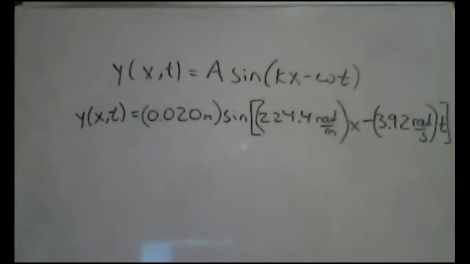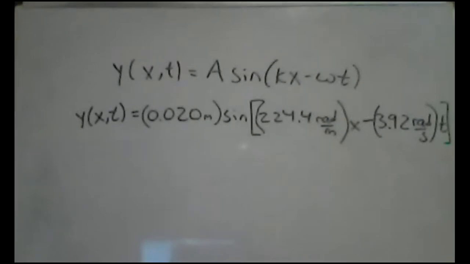Now, one of the questions you're going to be asked is what's the maximum speed? So we'll just keep this up here. Page 6. Knowing the angular frequency and amplitude, what is the maximum speed of the surface of the water as it moves up and down?